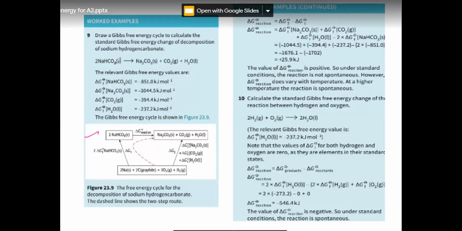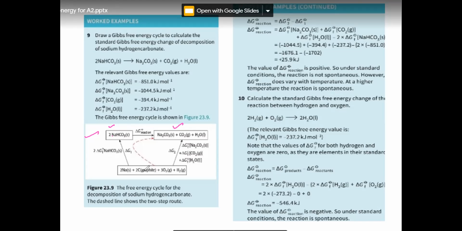If the equation is NaHCO3 giving you these products, so ये आपके reactants हैं, ये आपको product मिल रहा है. When reactant converts into the product, like enthalpy change of reactions, that is Gibbs free. सीधा से ये Gibbs free energy of a reaction है.